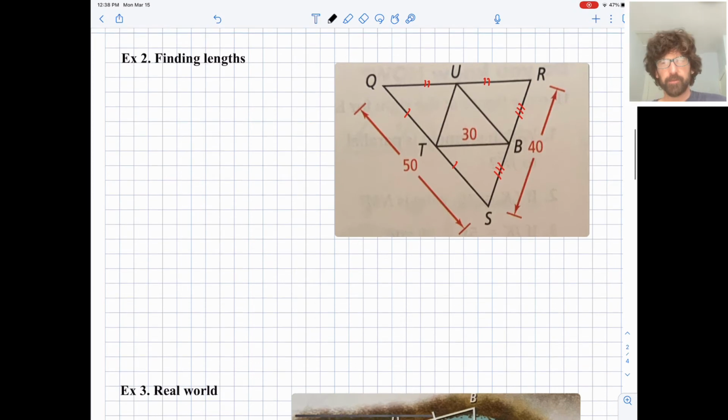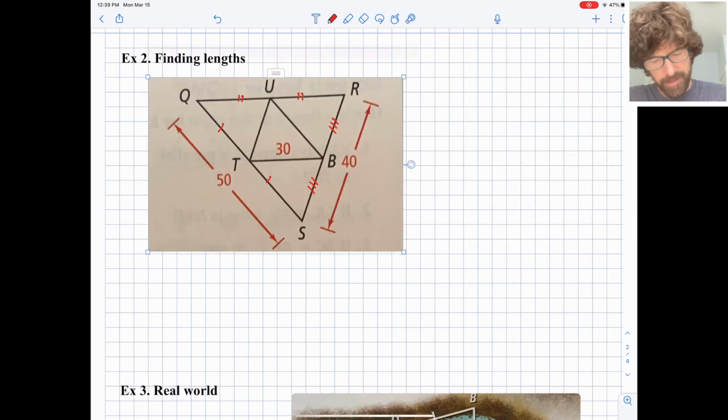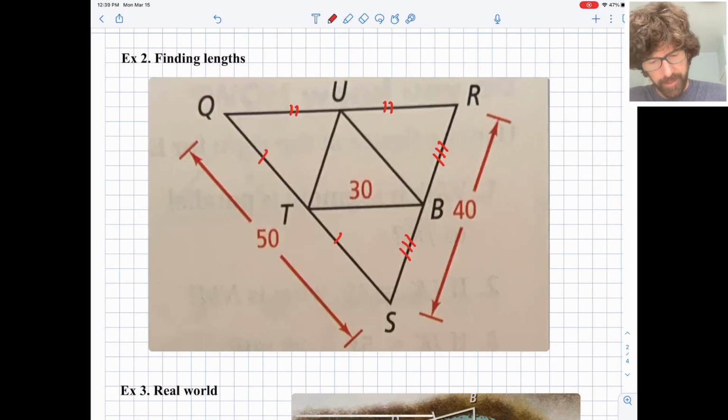Next one we'll look more specifically at finding lengths. Again, this has a lot going on, and we can do a lot with it. I won't clutter it up too much, but let's write in the picture rather than by the side. First thing I hope you can see is that these are all midsegments.